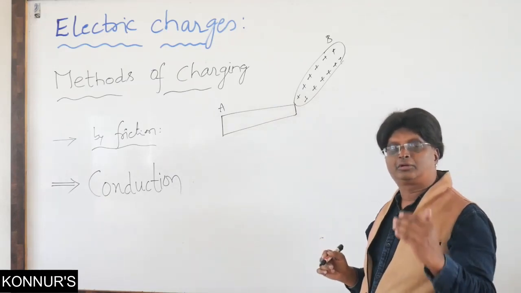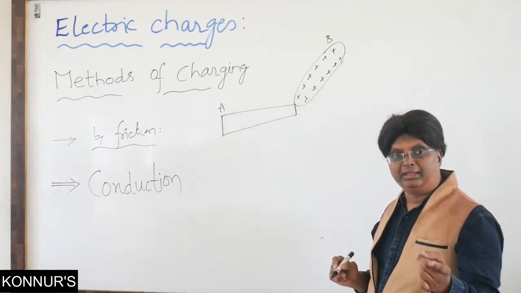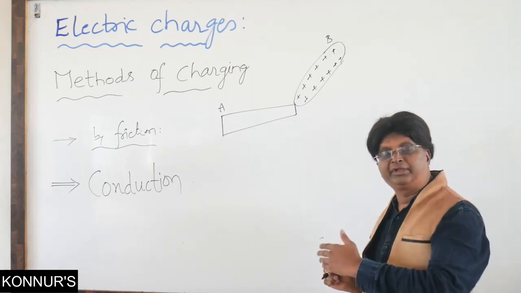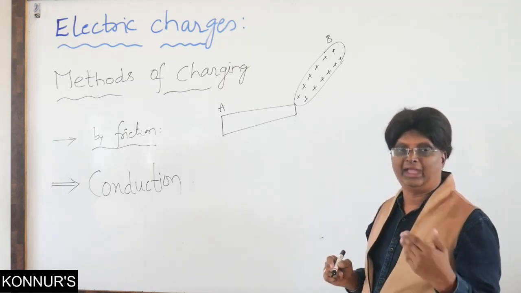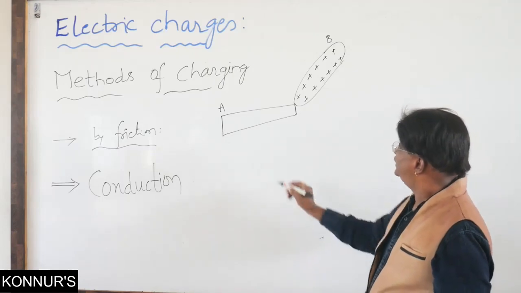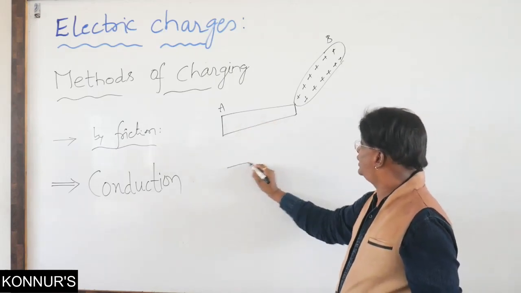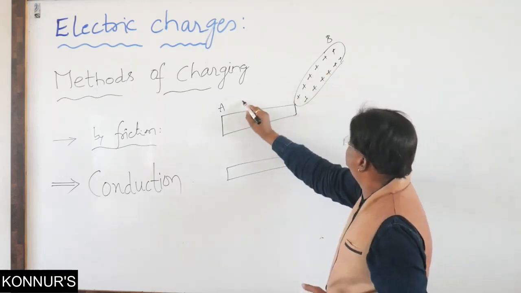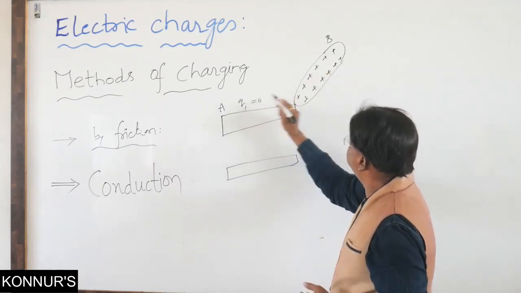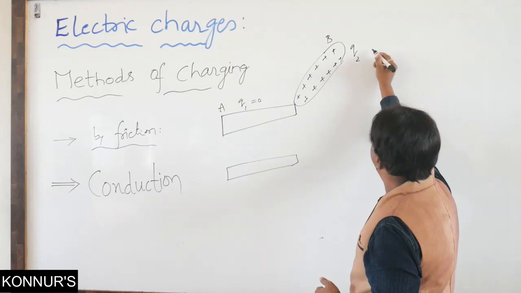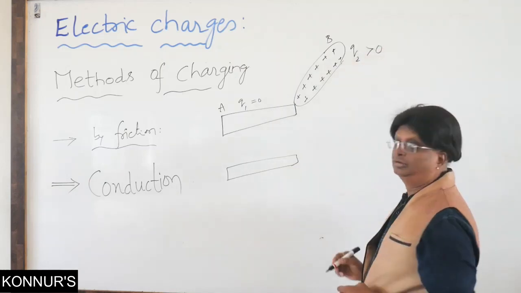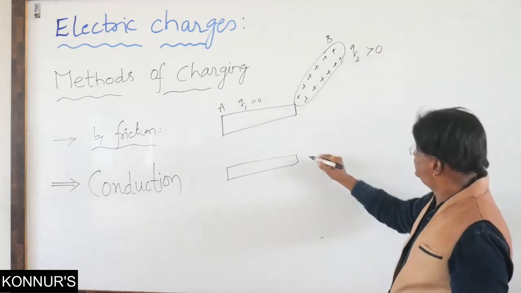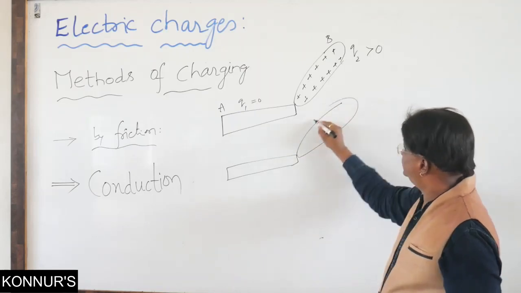Whenever such physical contact happens, again physical transfer of electrons happens, such that now A also acquires charge. This is the picture that we are in. Suppose initially this is Q1 that is equal to 0, and suppose this is Q2 greater than 0. Now the case that comes would be like this.